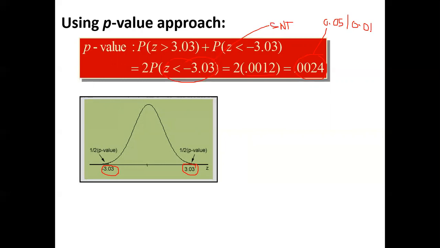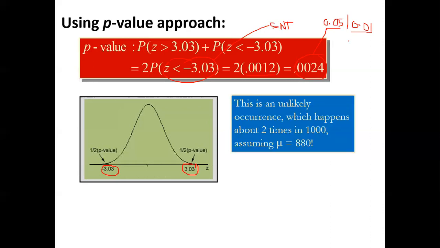If the p-value is less than 0.05 and 0.01, that means there is a significant finding, or significant effect. If there is a significant effect, then we must reject the null hypothesis and accept the alternative hypothesis. This is an unlikely occurrence, which happens about 2 times in 1,000, assuming that mu equals 880.